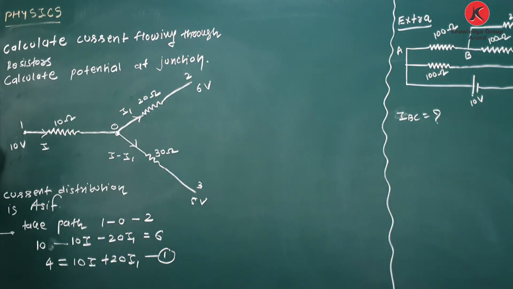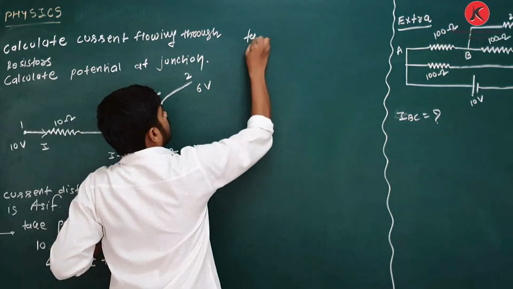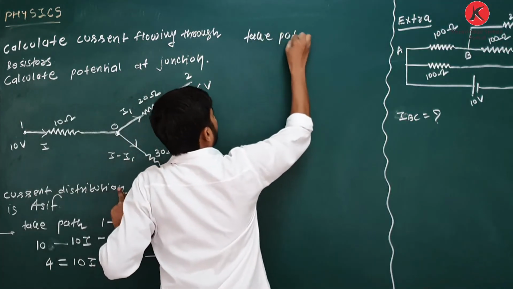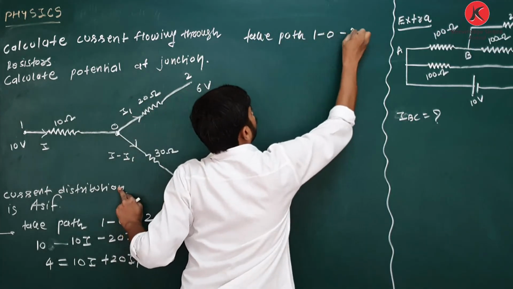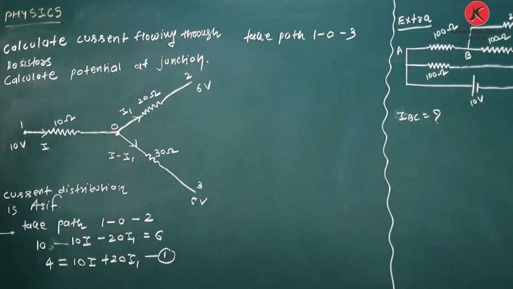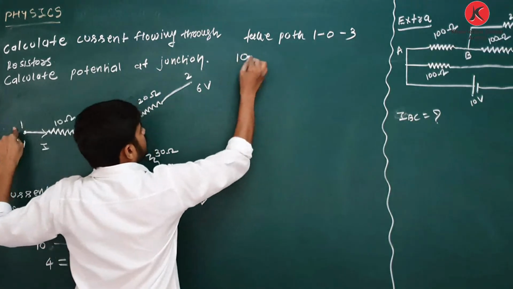Clear about this? Now you have to take another loop. Now we will take this loop, 1, 0, 3. Take path 1, 0, 3. Starting from this point, 1, 0 is common. So take 10 volt.